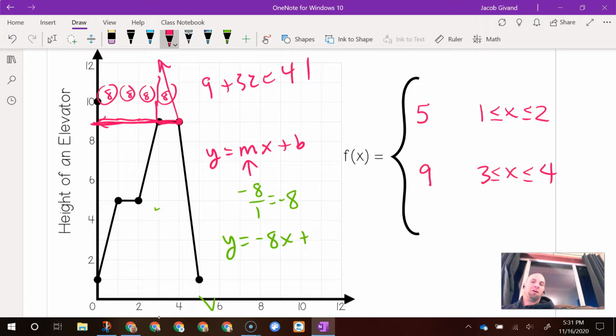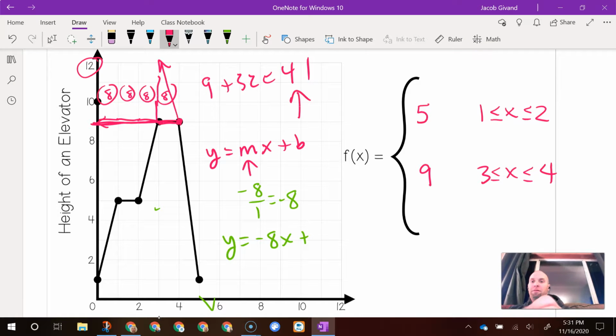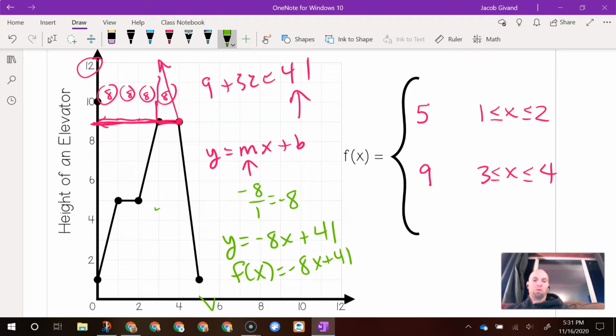That's why we can tell, our graph picture only goes to 12, but it would have to go way up high to get where this steep line crossed the y-axis. So the b is 41. So let me put a 41 in there. So we can say f of x equals negative 8x plus 41.